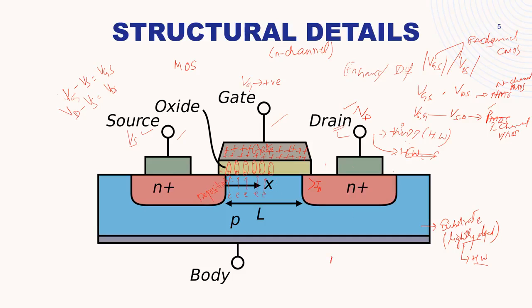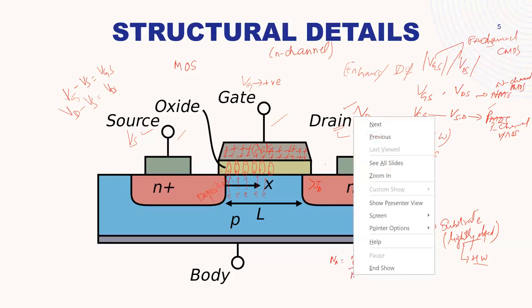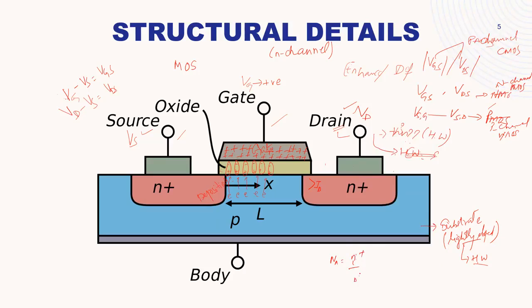If anybody remembers, majority carrier is equal to ni square, intrinsic concentration, upon minority carrier. Okay, leave it. Because of this positive charge here, my electrons will start coming towards this interface boundary because opposites attract. Since electrons start coming close to this boundary, it will form a dense area populated with electrons that will form the channel.